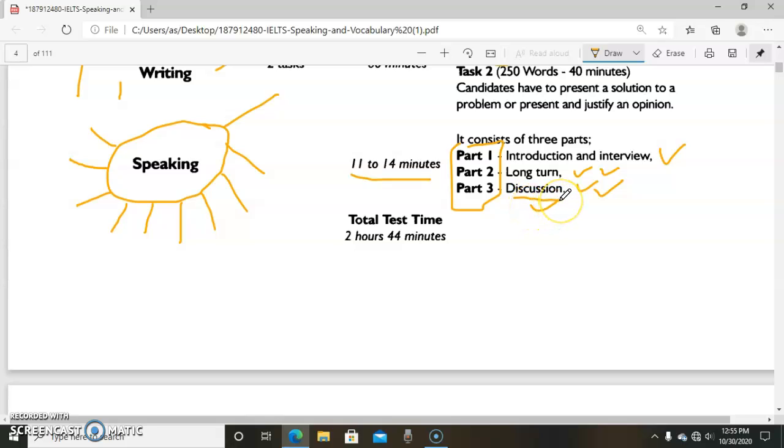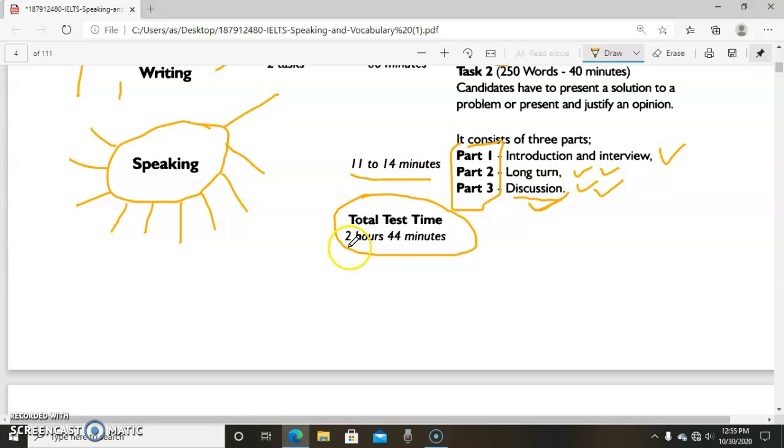And this is the area where the examiner is listening to you and tape recording your voice, okay, your talk, to make sure that you can communicate extensively on a topic with different ideas about the topic.